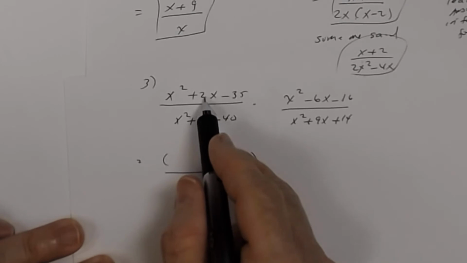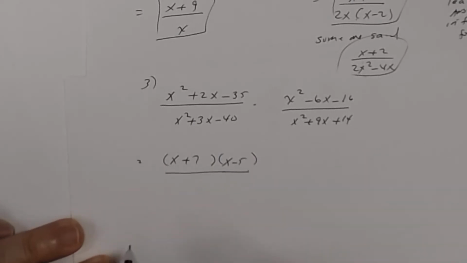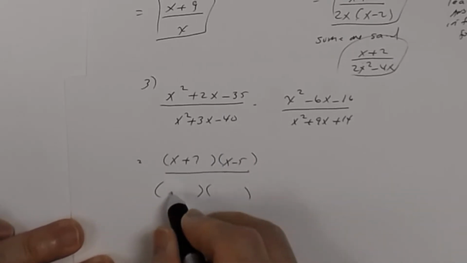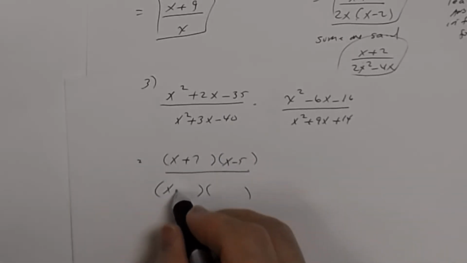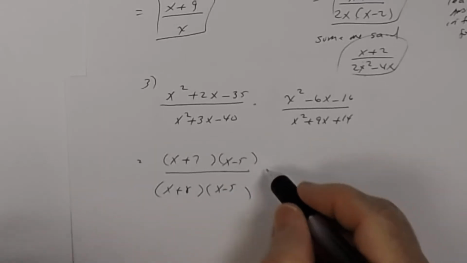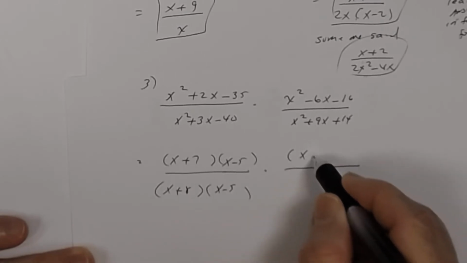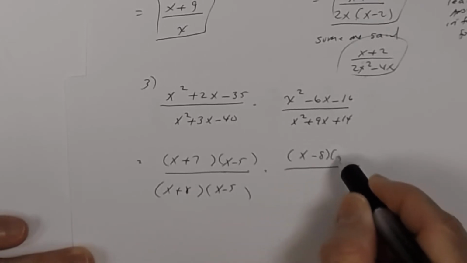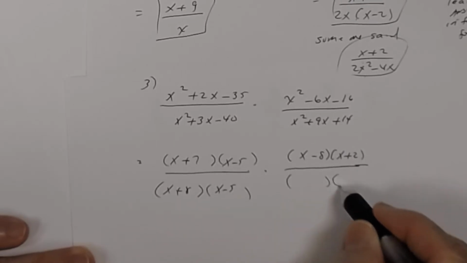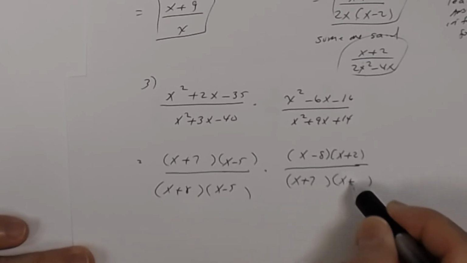For that one, the numerator looks like it's going to factor as x plus 7, x minus 5. The denominator looks like it's going to be x plus 8, x minus 5. The numerator here looks like it's going to be x minus 8, x plus 2. The denominator looks like it's going to be x plus 7, x plus 2.